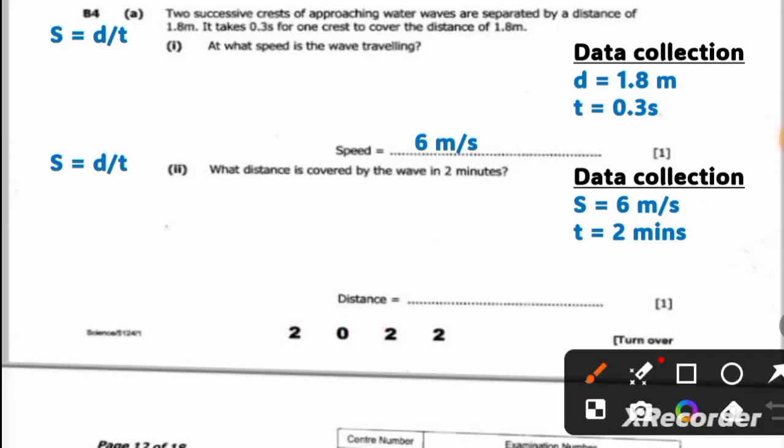To find the distance, where there is speed we write 6 meters per second. Then distance is what we are looking for. Then where there is time, we write 120 seconds.